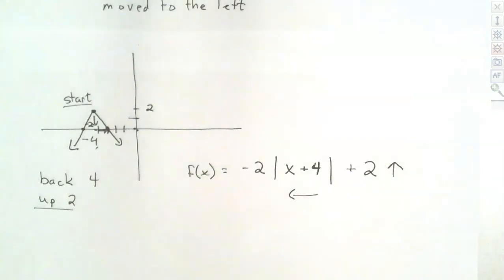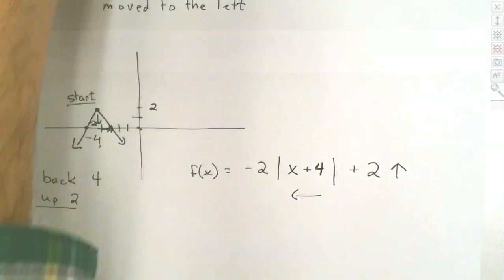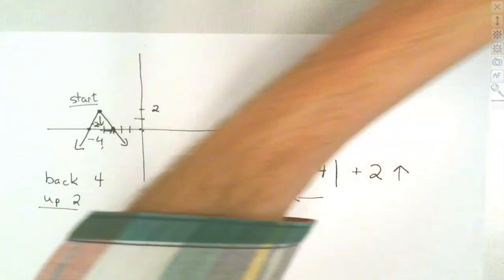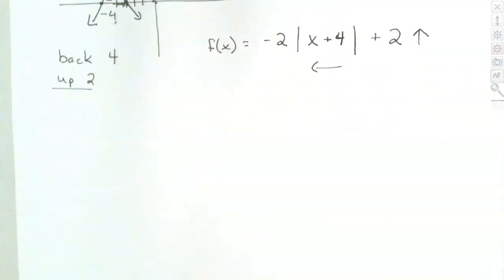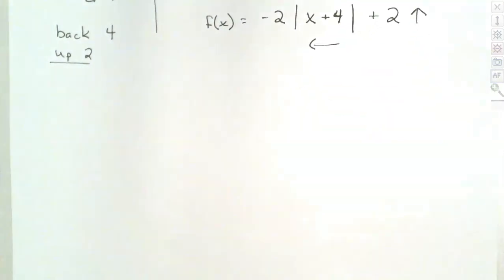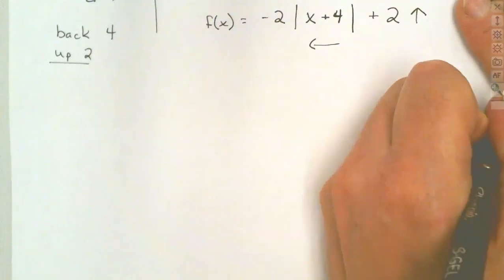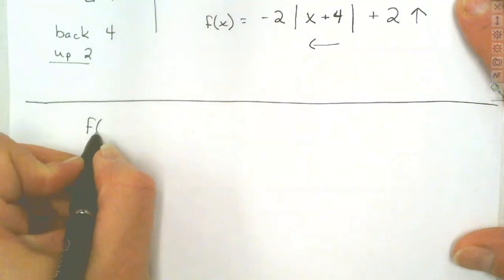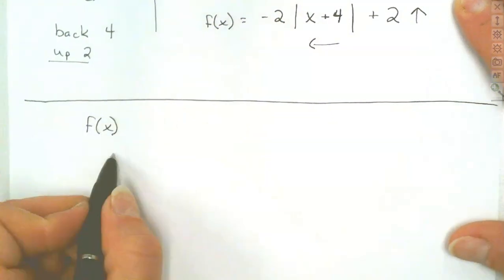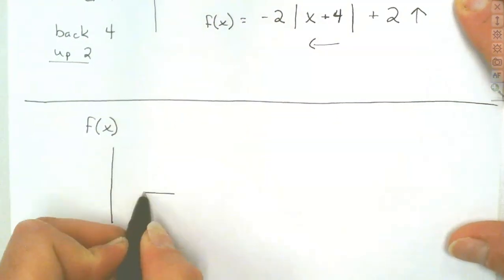We can also modify a graph. So I'm going to give you a graph, and then we're going to redraw the graph with new translations. So this is our graph of f of x.